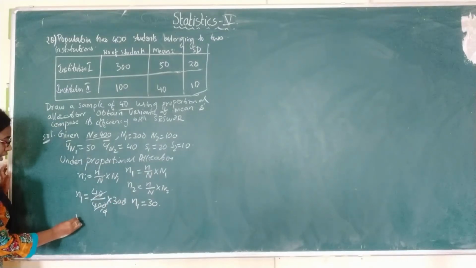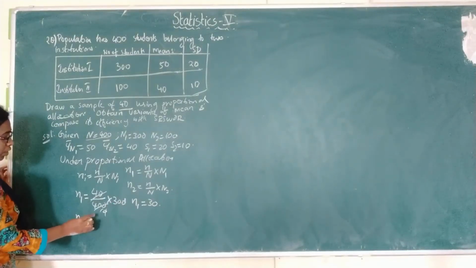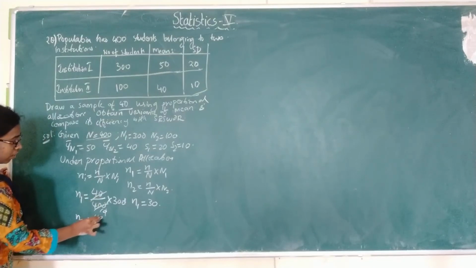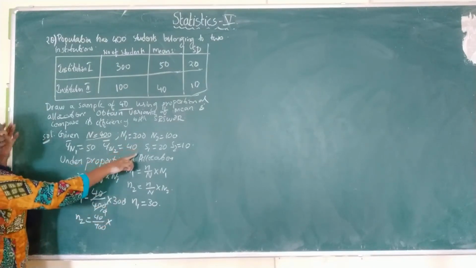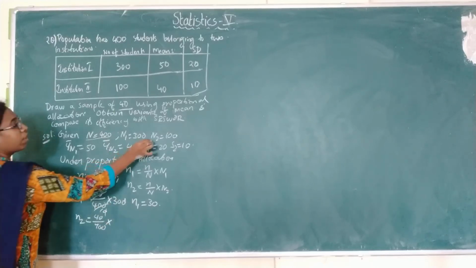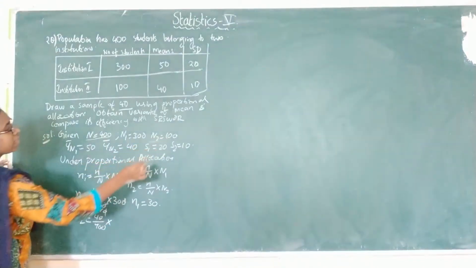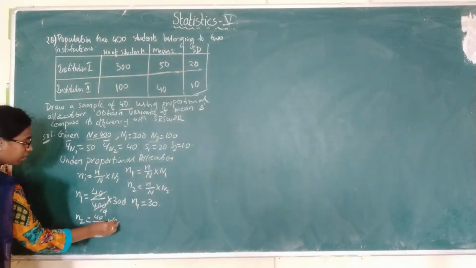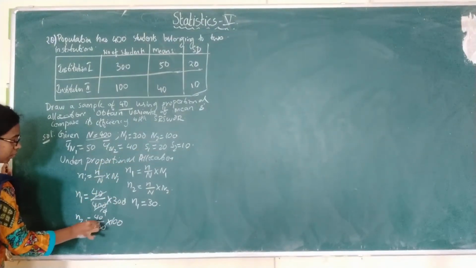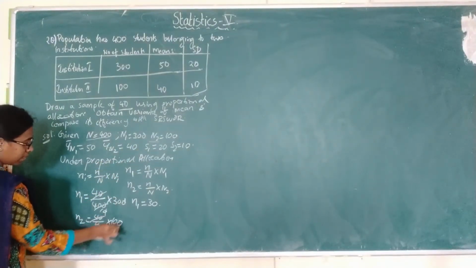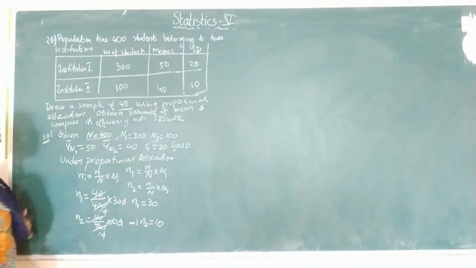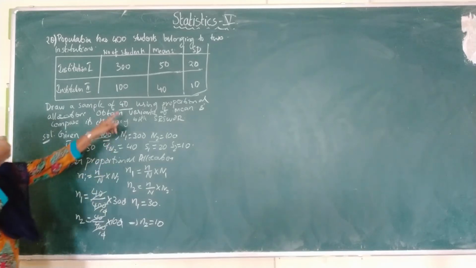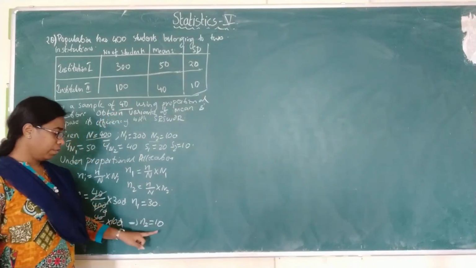Similarly, find n2. n2 equals n by N into N2: 40 by 400 into the stratum size 100. So 40 ones are 40, 40 tens are 400, which implies n2 equals 10. We have to draw a sample of size 40, so one is 30 and the other is 10.